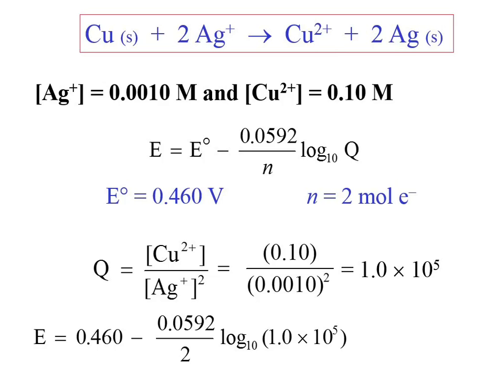So let's see what this one looks like. Drum roll, please. So it's lower yet. The cell potential is even less, which makes sense.